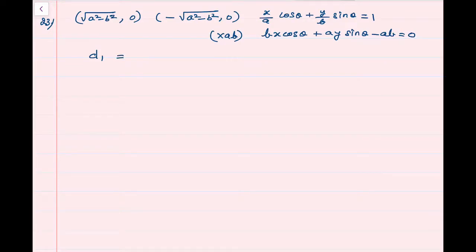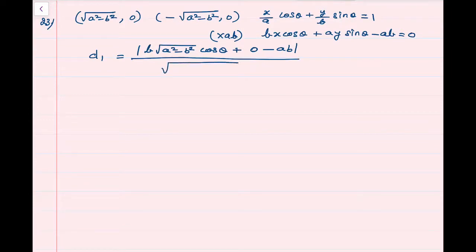Using the formula, absolute value of (ax1 plus by1 plus c) divided by root of a square plus b square, which is absolute value of b into x, which is root of a square minus b square, cos theta plus y coordinate 0 minus ab, divided by square root of coefficient of x is b cos theta and coefficient of y is a sin theta.